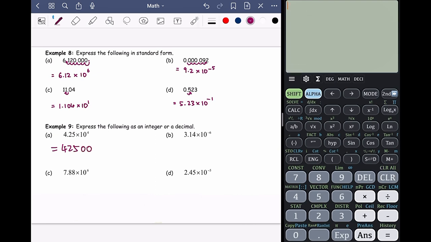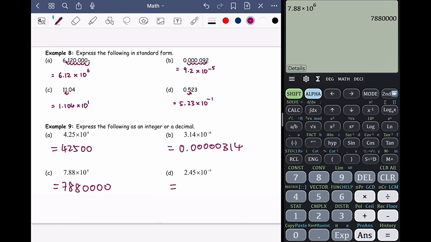And next we have part B, we have 3.14 times 10 to the power of -6, and we're going to get, oh, we need to be careful about this, 0 point, and you're going to count 1, 2, 3, 4, 5 zeros, and 314. Right, and in part C, we have 7.88 times 10 to the power of 6, and we have 788, and again, do be careful and count the number of zeros, so there are 4 zeros over there.